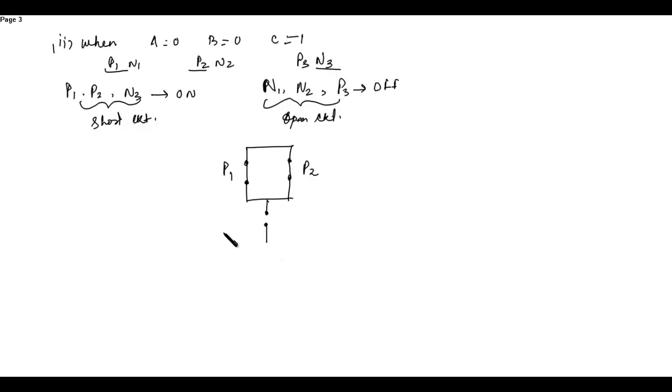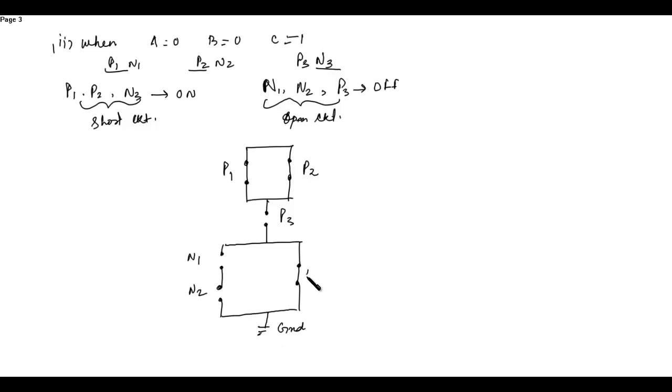Then N1, N2, they are open circuited. This is N1 and N2. N1 and N2 are in series. This is P3. This is short circuited.